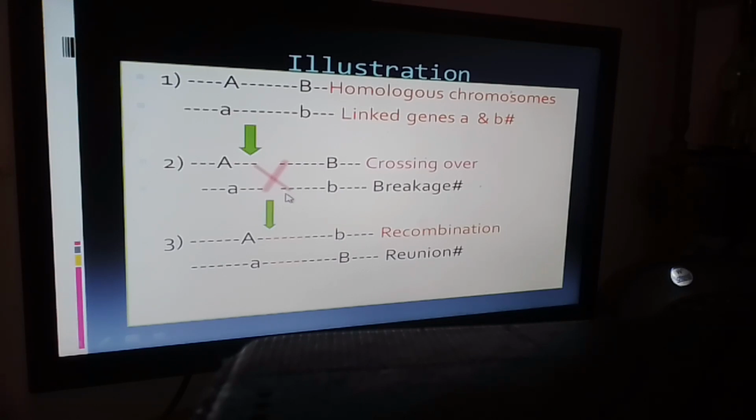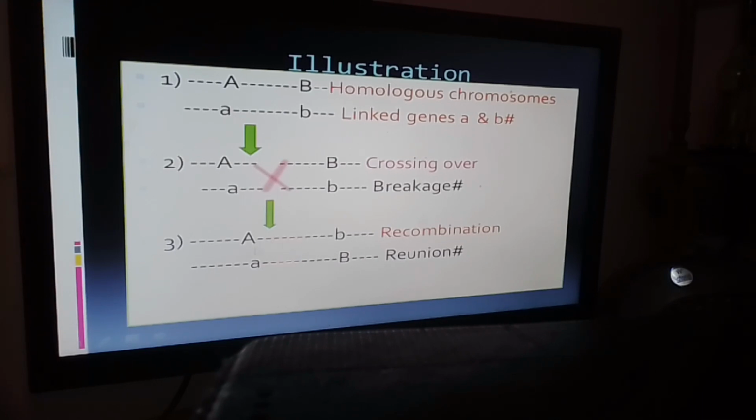This is said to be the reunion of the broken segments. Here there won't be any loss of the chromosomal parts, not even nucleotides. Simply they will be joining with the opposite chromosome, opposite in the sense of the homologous chromosome.